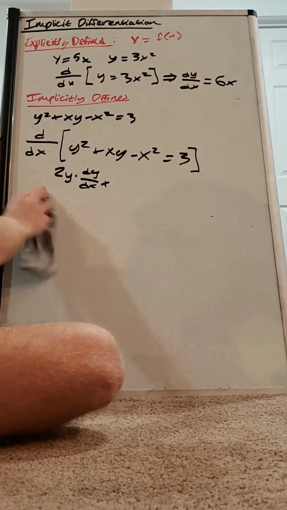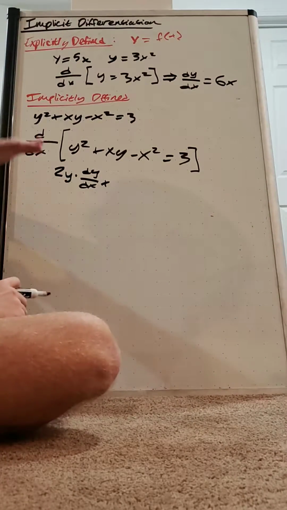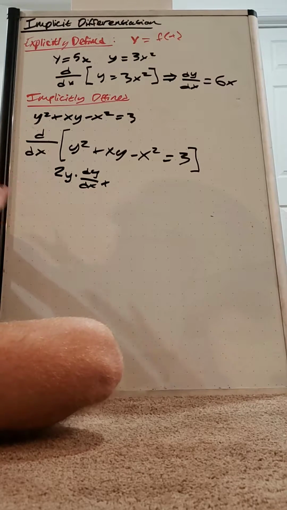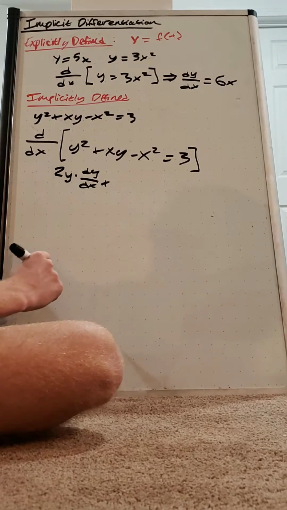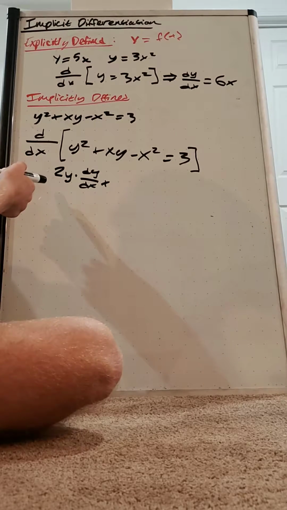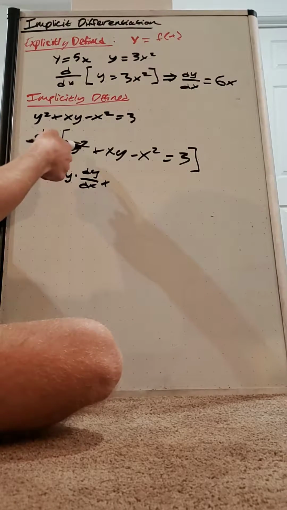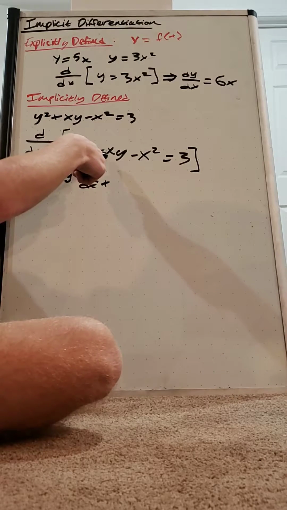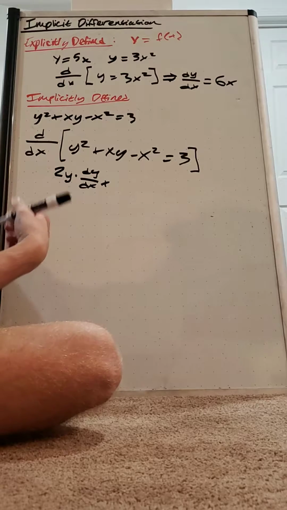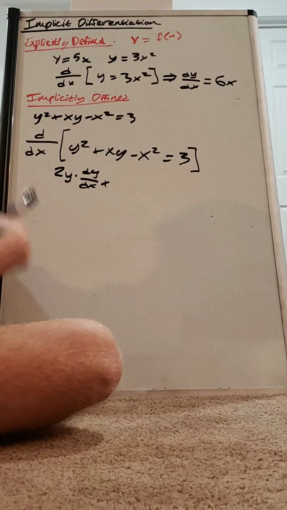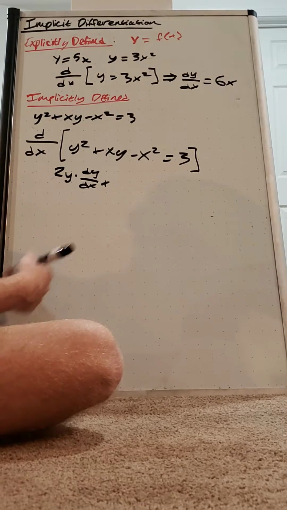So yeah, implicit differentiation: anytime you see a y, write dy over dx after that term. So we have 2y times dy over dx for the first term, and then we have to differentiate this xy. To do this, we have to use the product rule, since it's the product of two things.